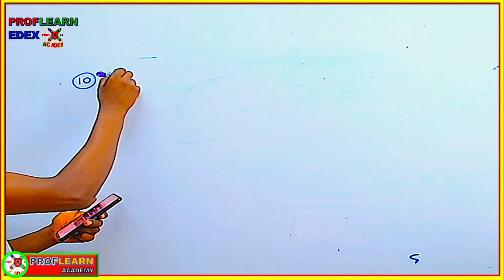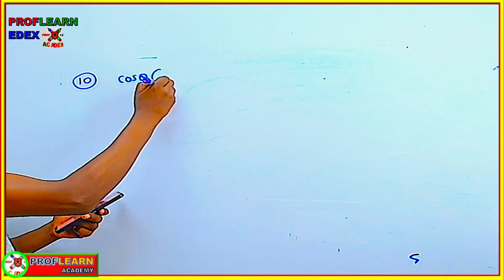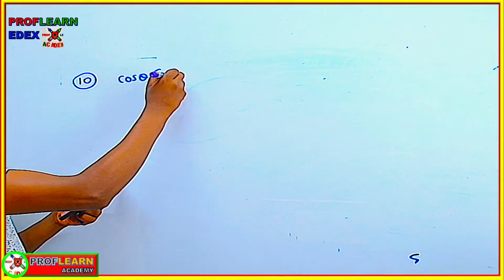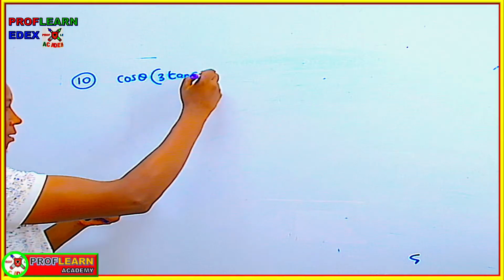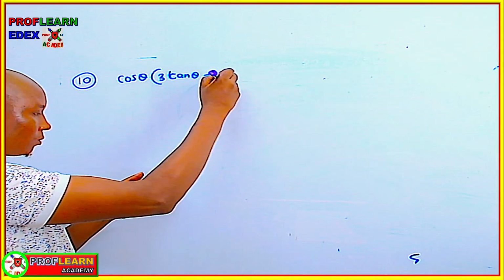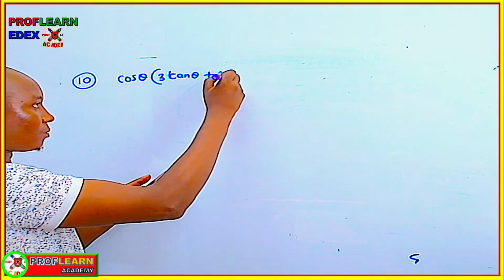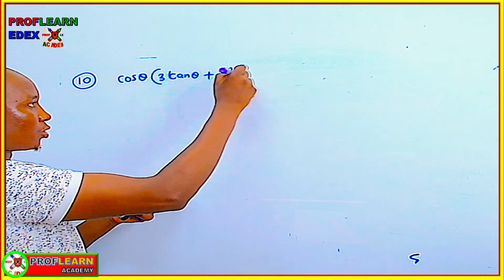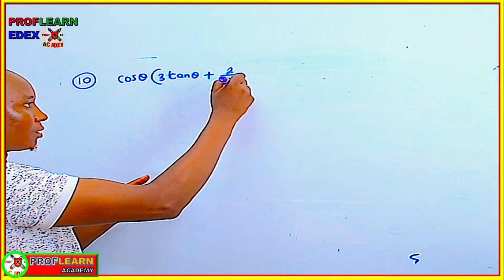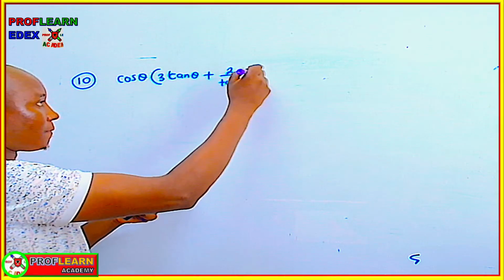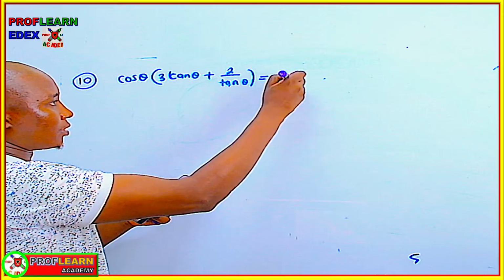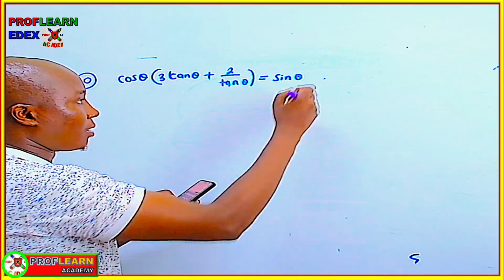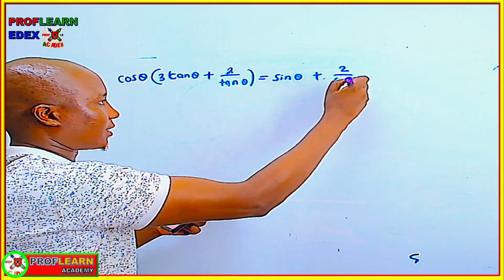In question 10, we are supposed to show that cos theta into bracket 3 tan theta plus 2 over tan theta is equal to sin theta plus 2 over sin theta.